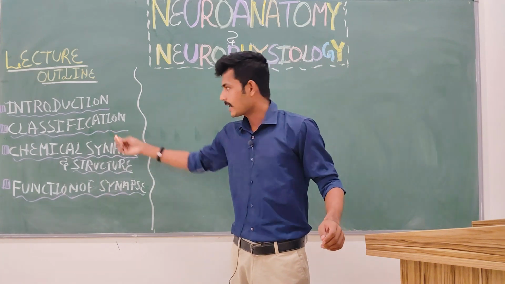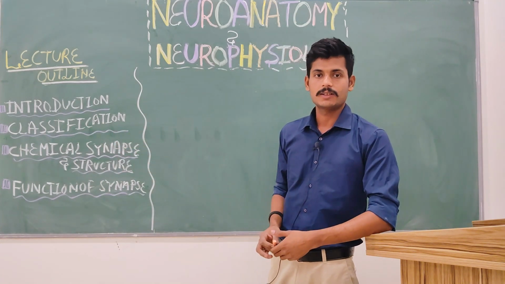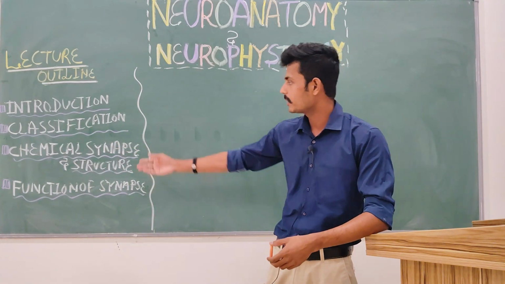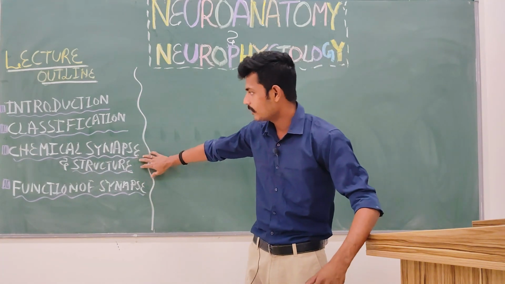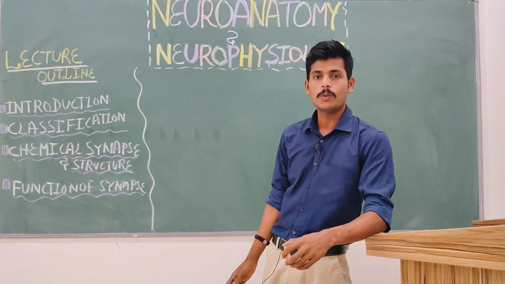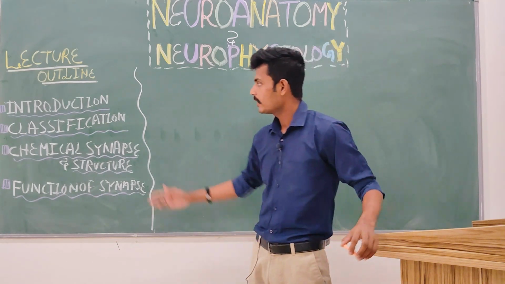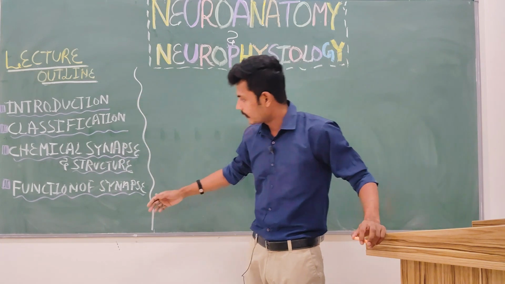In the classification we will see there are types of synapse, and one of them is the chemical synapse. Why are we emphasizing only the chemical synapse? Because it is present more widely as compared to the other types.